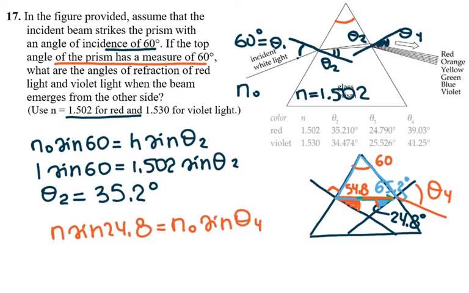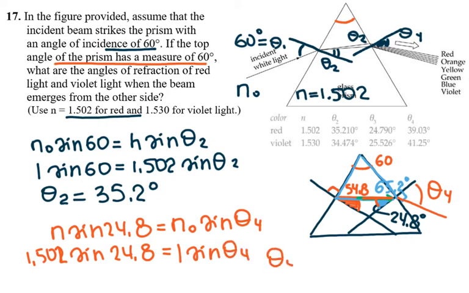Then I'm going to plug in, this is 1, then I have sine 24.8 is equal to, oh no, n is not 1, n is 1.502, right? Because that was the n of the prism for the red light. And then outside is 1, and then I have sine theta 4.